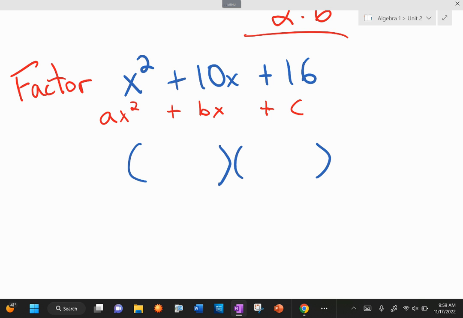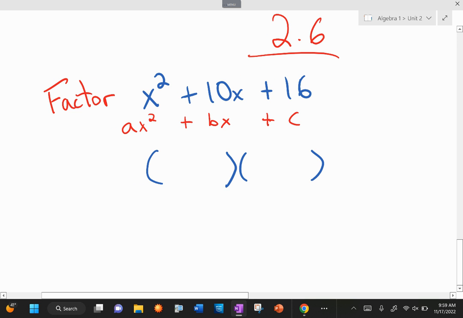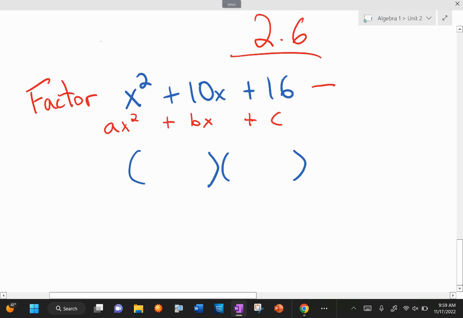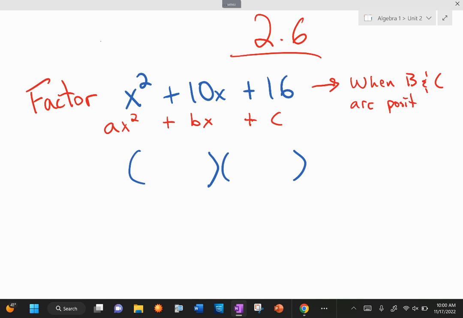Just make sure everybody's got that written down before we keep going. This technique applies when B and C are positive. In this particular example, B and C are both positive.